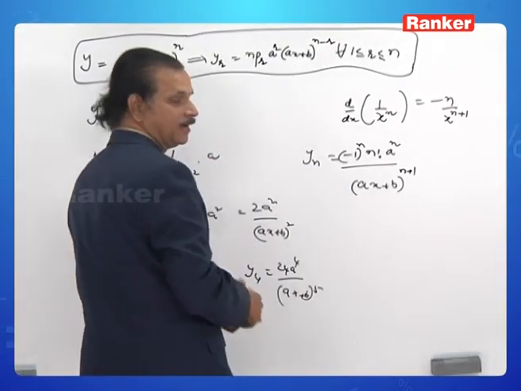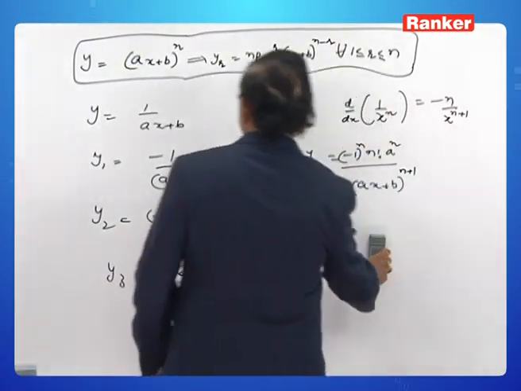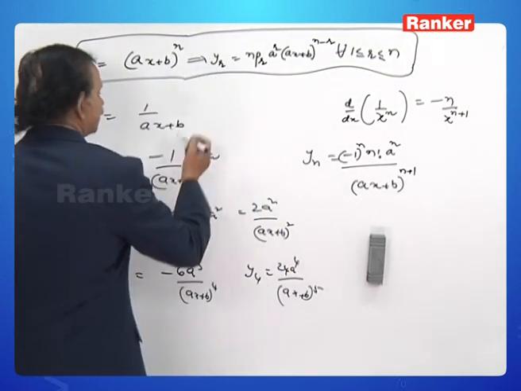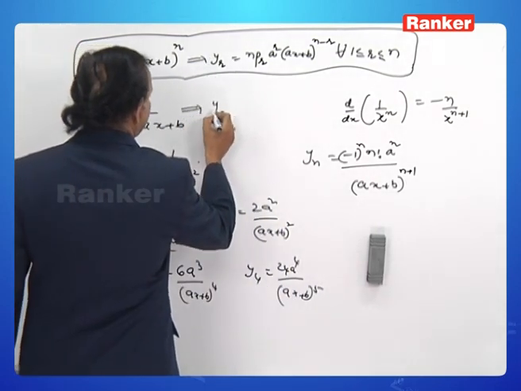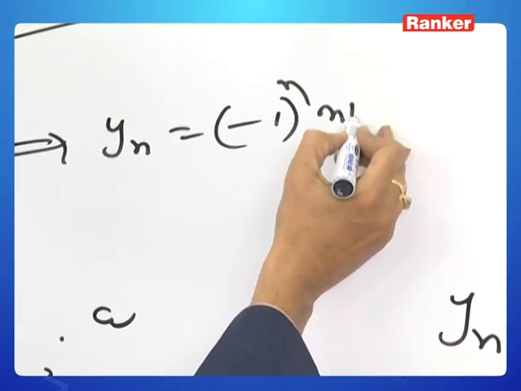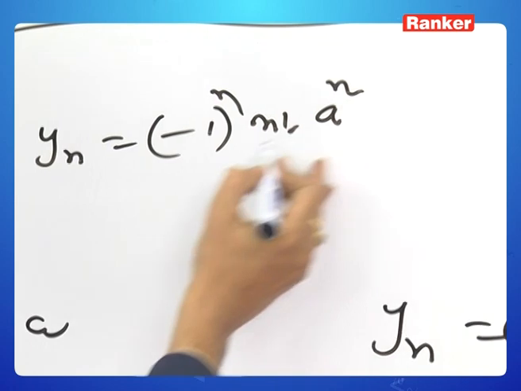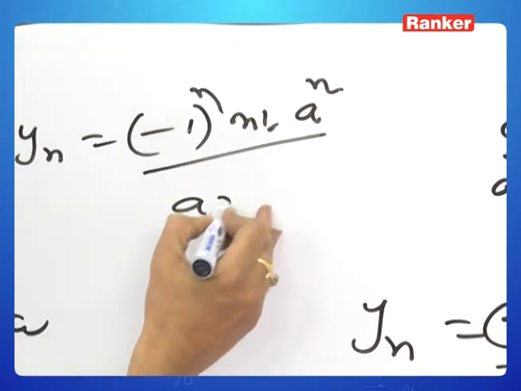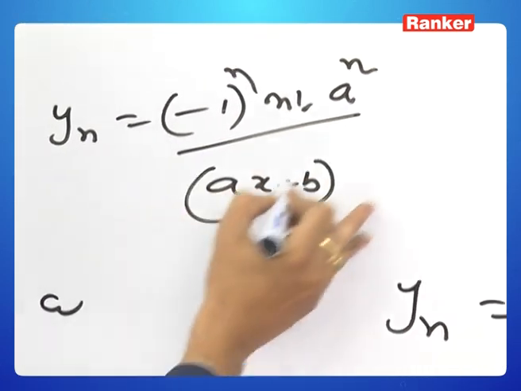Therefore, if y is equal to 1 by ax plus b, then yn is equal to minus 1 whole power n into n factorial into a power n by ax plus b whole to the power of n plus 1.